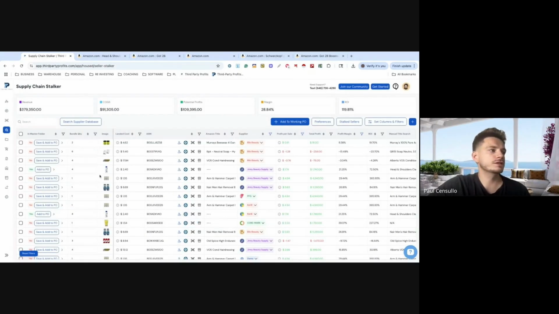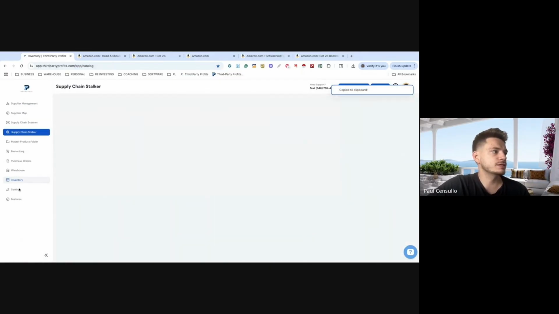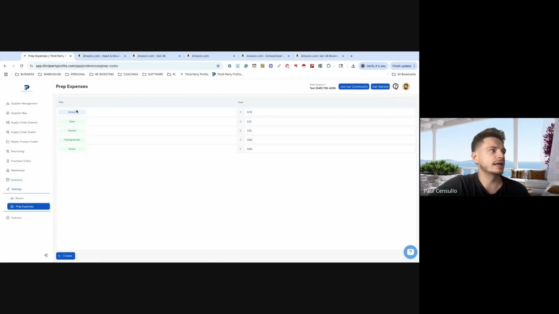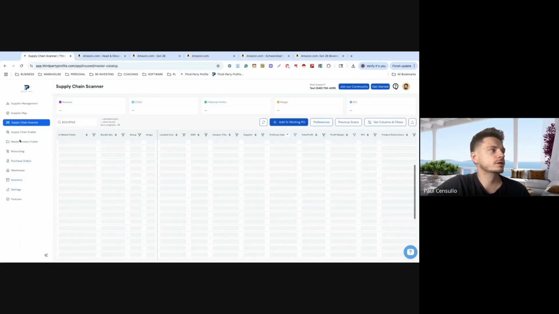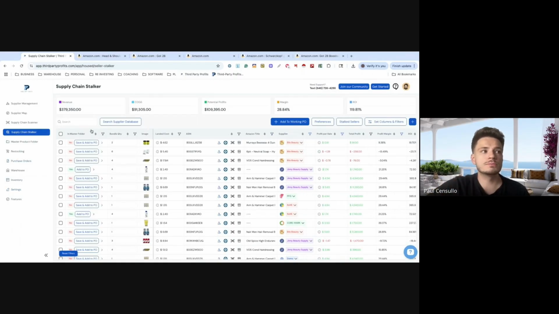Now, when you physically save a product, like how we just saved it, the way we account for the prep expenses is based on what you actually have set. Within your prep expenses in the software, you have glass, bubble bag, sticker, etc. The reason they're itemized, compared to in here where it's an average, is that every single product is different with prep.